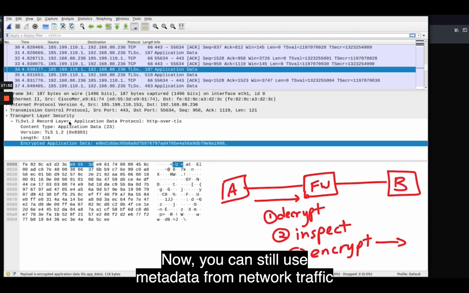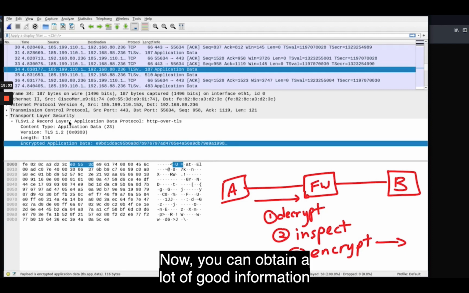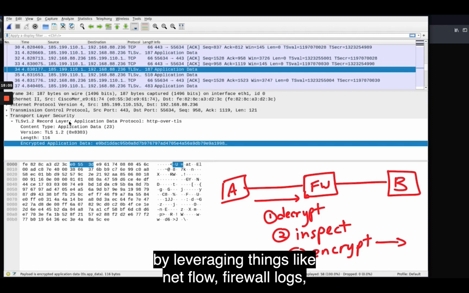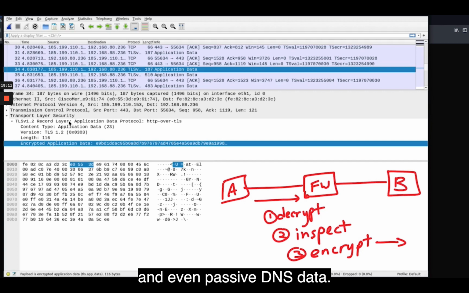Now, you can still use metadata from network traffic and other different security event sources to investigate and solve security issues. You can obtain a lot of good information by leveraging things like NetFlow, firewall logs, web proxy logs, user authentication information, and even passive DNS data.